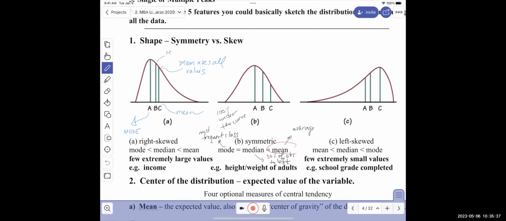So the median is a compromise. The mean is actually the area: it balances the area under the curve on the left and right of it. The median just looks at the observations near around it to make its calculation, so it doesn't use the extreme values.